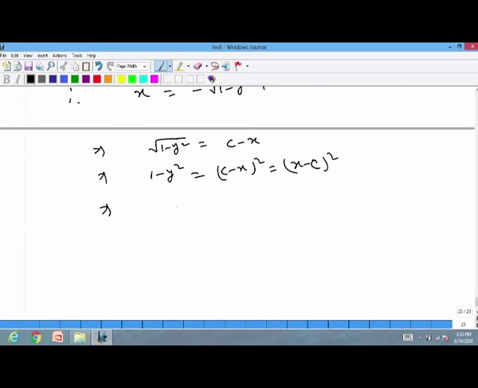This implies x minus c square plus y square equal to 1, where c is an arbitrary constant.